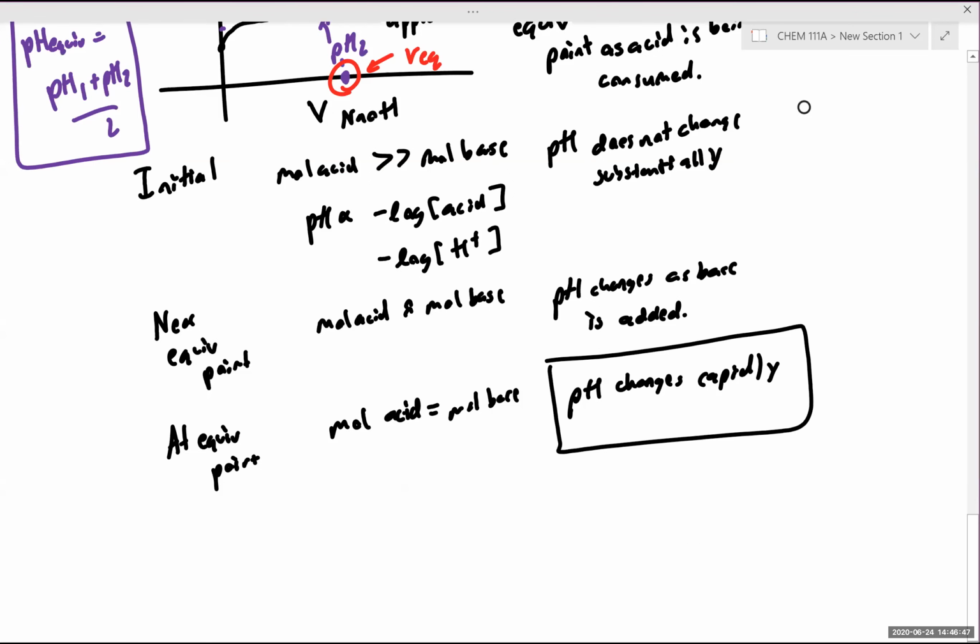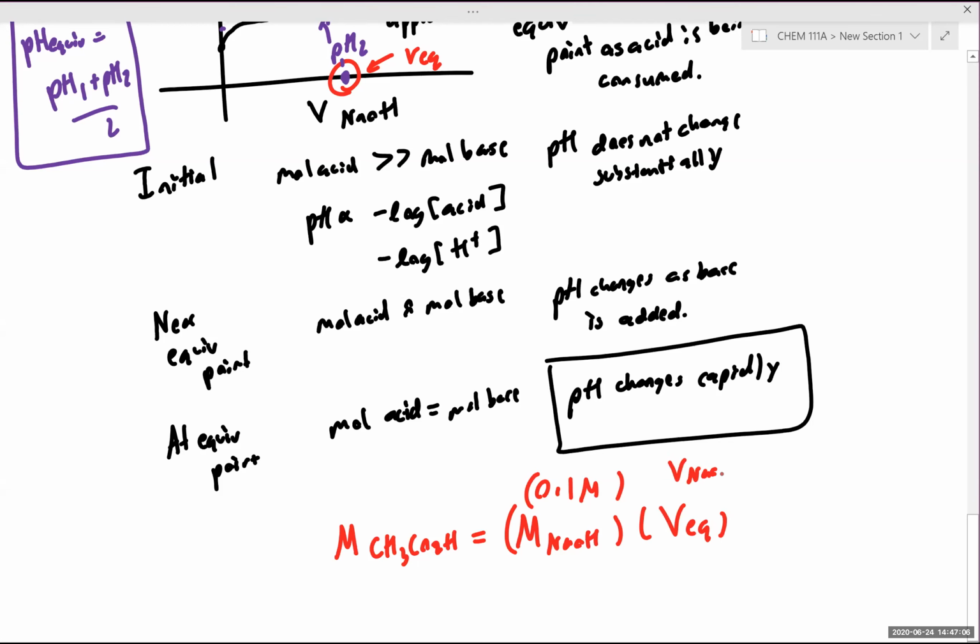Then we plug it back into our equation for the concentration of acetic acid, which is equal to the molarity of sodium hydroxide that we established to be 0.1 molar times the volume of sodium hydroxide at the equivalence point over the volume of acetic acid solution, which is 1 ml.